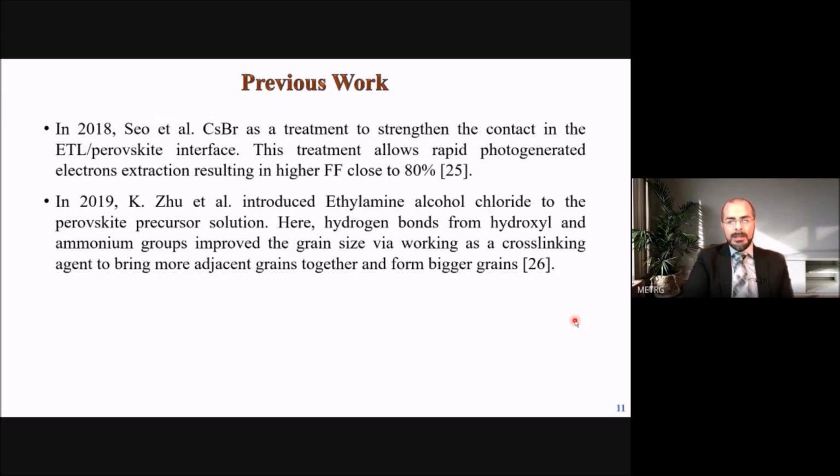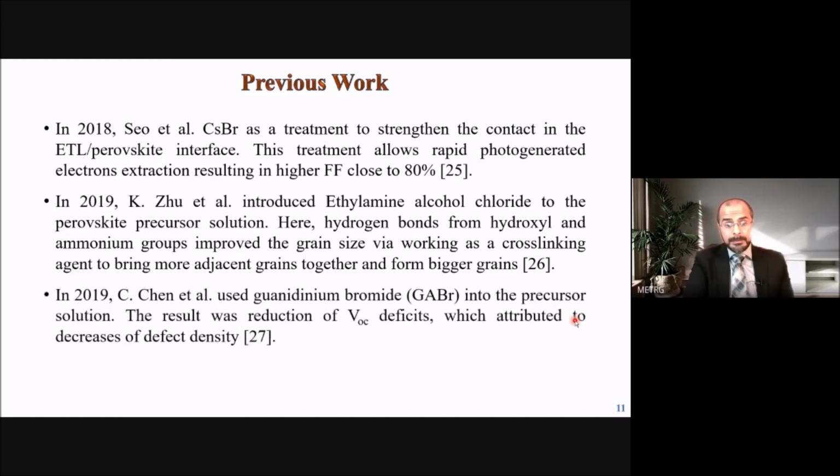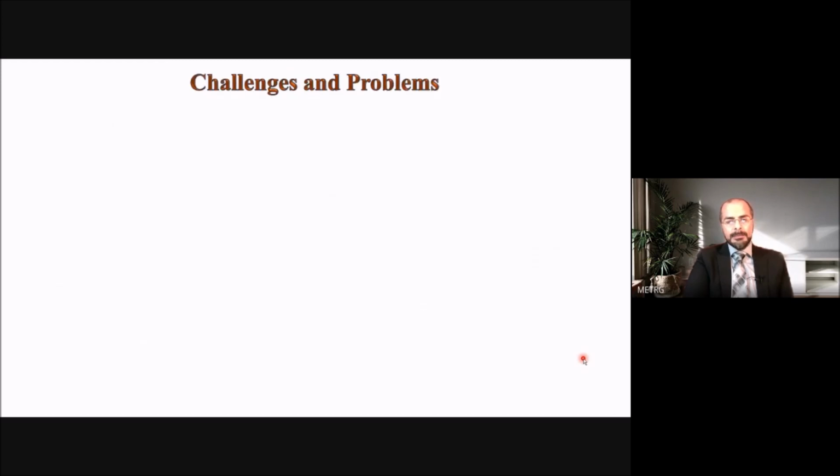So they increase the grain size by using this kind of technique. Also, another group used guanidinium bromide in the precursor solution. The result was a reduction in VOC deficits, which was attributed to a decrease in the defect density.